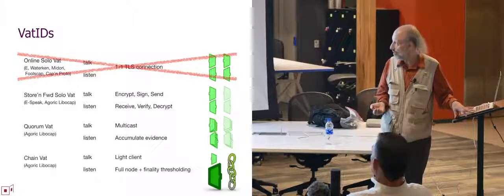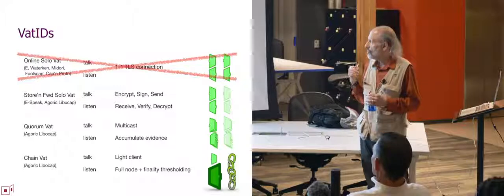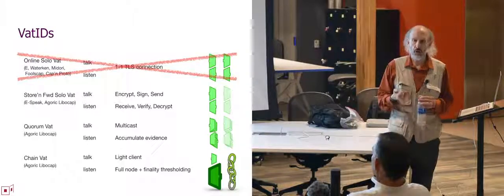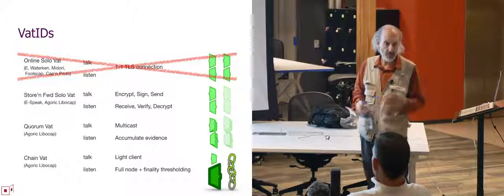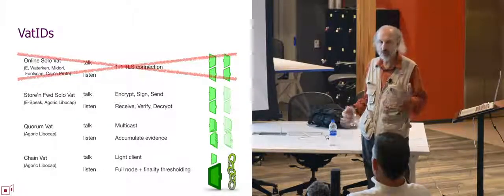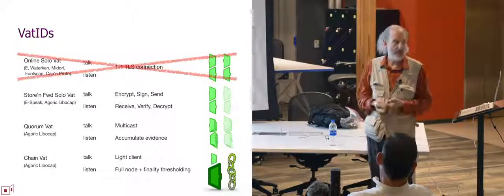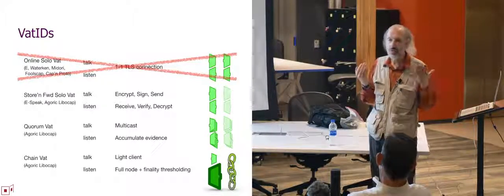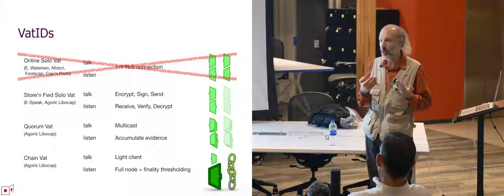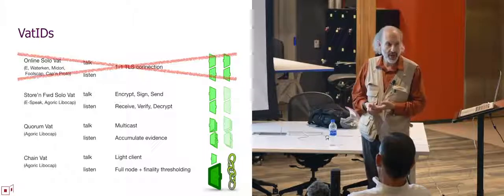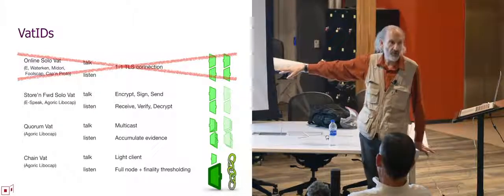step towards blockchains. The device you have to construct for talking to a blockchain is essentially a light client, for sending messages into that blockchain. And that's very nice because it's light. Unfortunately, to really listen to a blockchain securely and determine what it said in a definitive manner, the listening device has to be more like a full node.